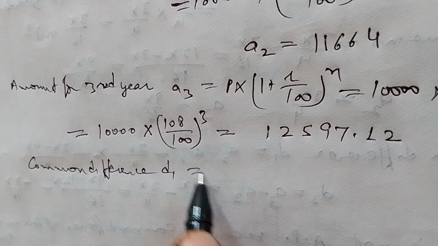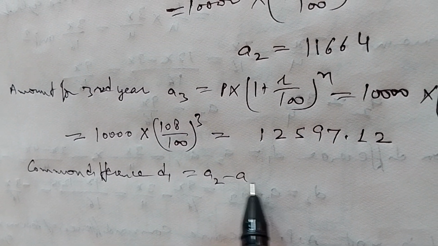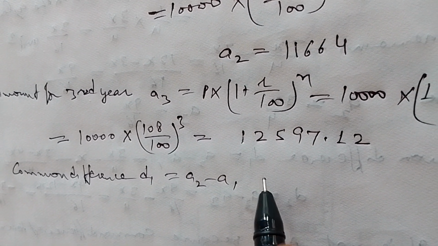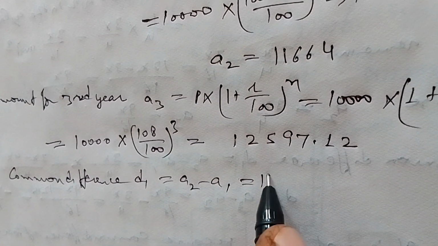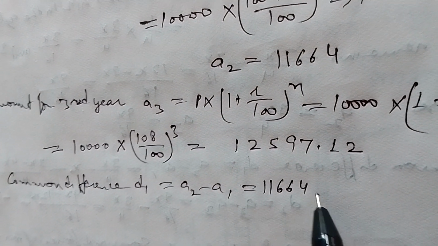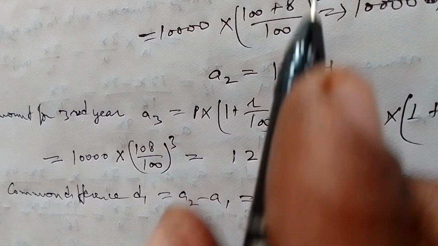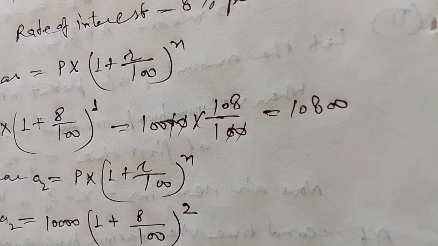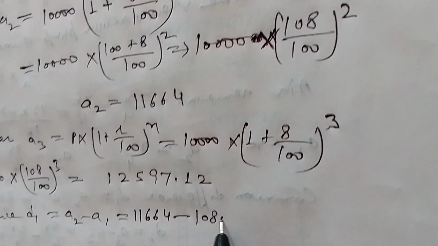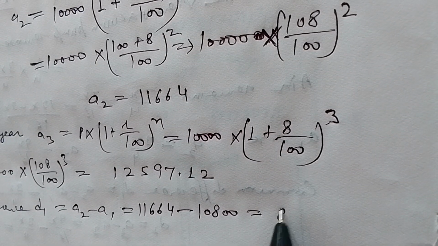Common difference D1, A2 minus A1. A2 is 11,664 minus the first term, 10,800, it comes out to be 864.